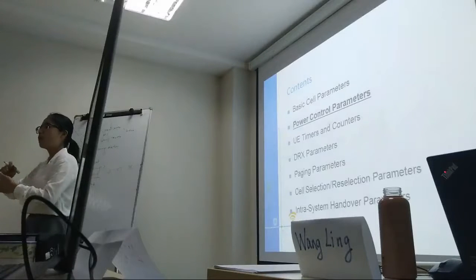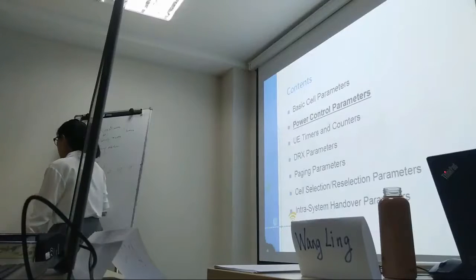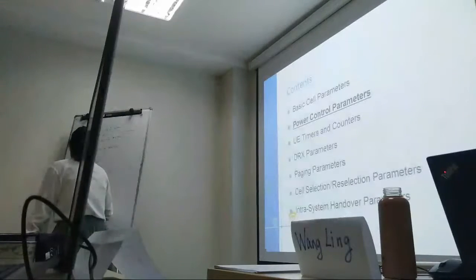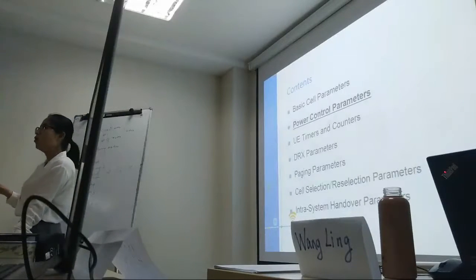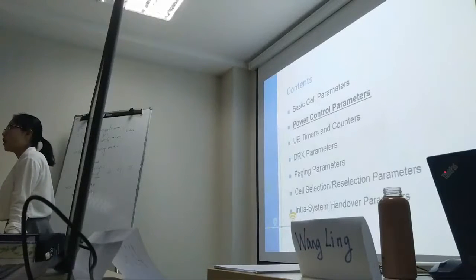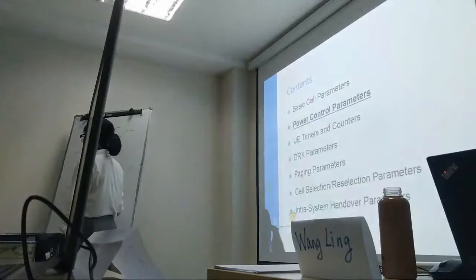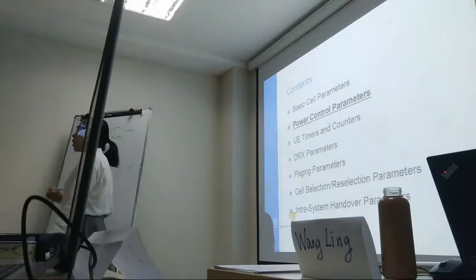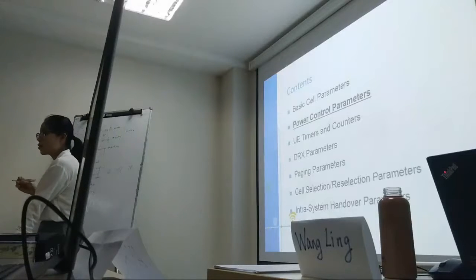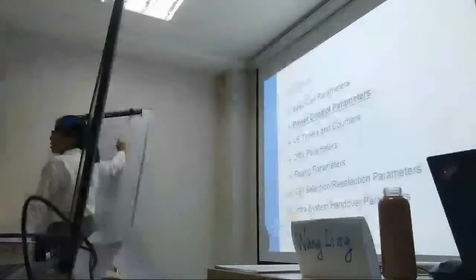Before we perform the modify, we should first measure it, so we will use A6. When I introduced the handover, I said we only have A1 to A5, yes? But for CA, we add a new event, A6. A6 is similar to A3, but it is only used for CA.